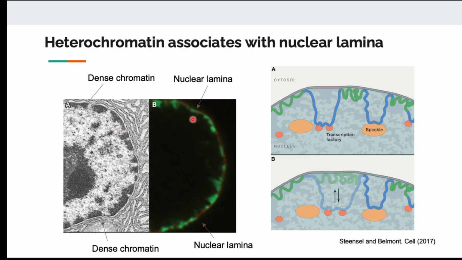The heterochromatin, or inactive chromatin, is usually recruited to the nuclear lamina, away from the transcription factors, away from the transcription machinery. So when DNA needs to be activated or deactivated, it's not only about labeling its status, but also moving it to a specific location, a specific compartment inside the nucleus. People have found this association for a long time.